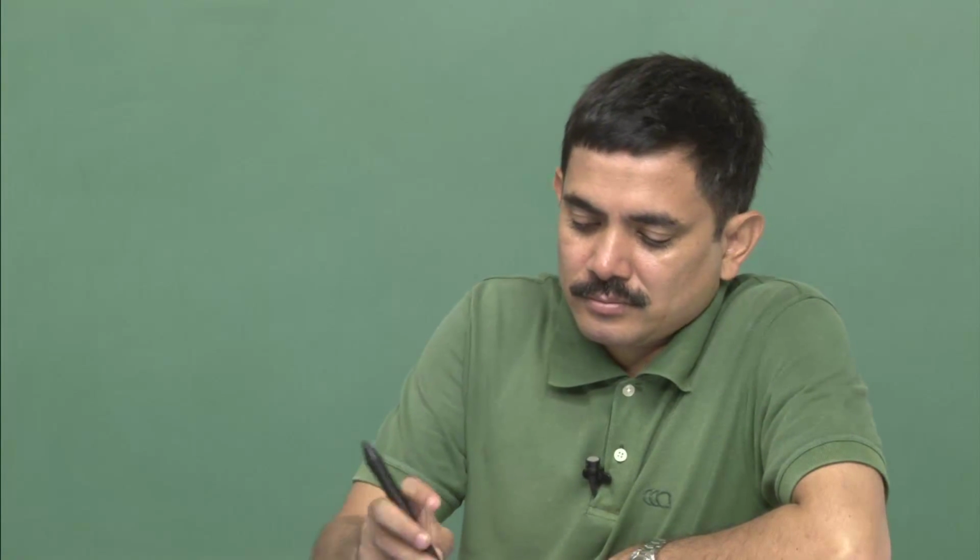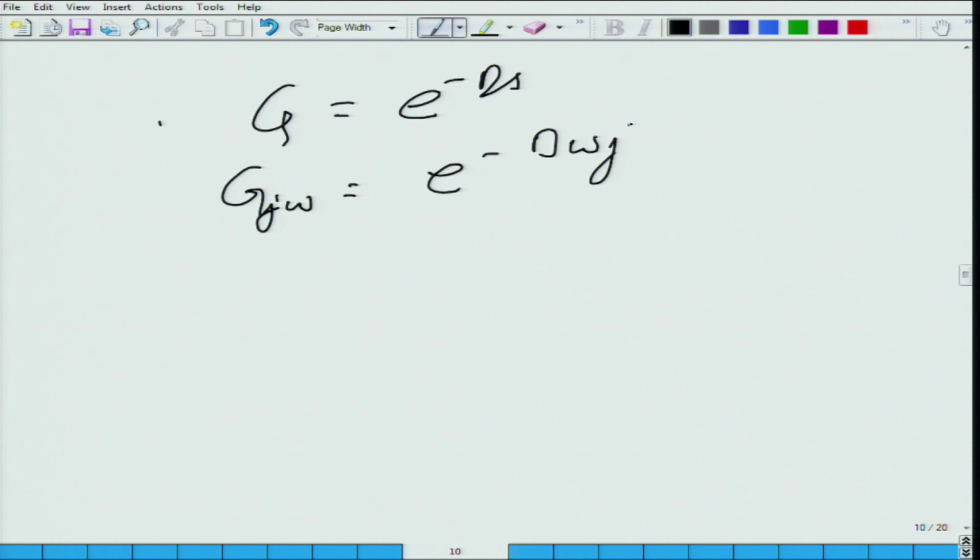Okay. Let us look at a pure dead time. So, G is equal to e to the power minus ds, then G(j omega), replacing s by j omega, will be e to the power minus d omega j. What is the magnitude of this? The magnitude is 1 all the time. What is the angle? The angle is minus d omega, and as omega increases, the angle becomes more and more negative.